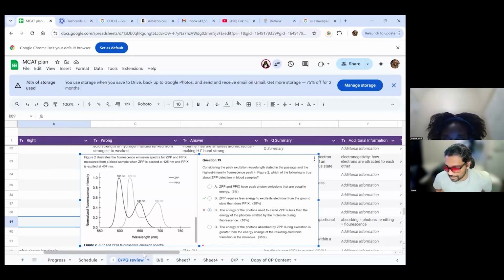There's a major part of this that is the content of fluorescence that you definitely need to understand what this graph is trying to tell you. Now, let's try our best and see what we can figure out from the graph, if we don't know the fluorescence content. So it says that figure two illustrates the fluorescence emission spectra for ZPP and PPIX measured from a blood sample.